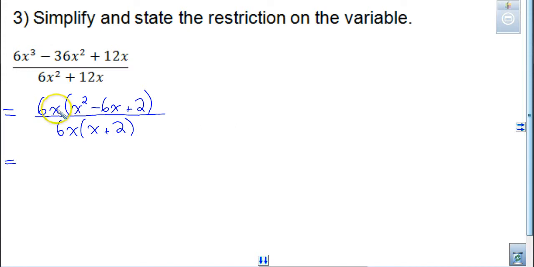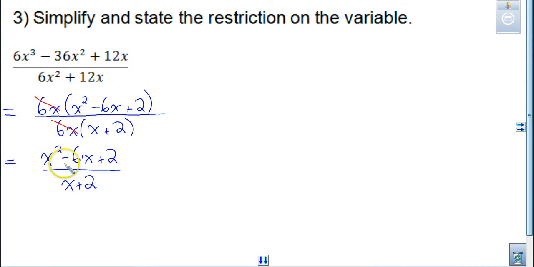Alright, so at this point, 6x is a common factor for the numerator. It's also a common factor for the denominator. So those two will divide to 1, or they will cancel out. So I'm just left with x squared minus 6x plus 2 over x plus 2. Now I'm looking at this and I'm thinking, okay, this is a trinomial, so maybe I can factor that.